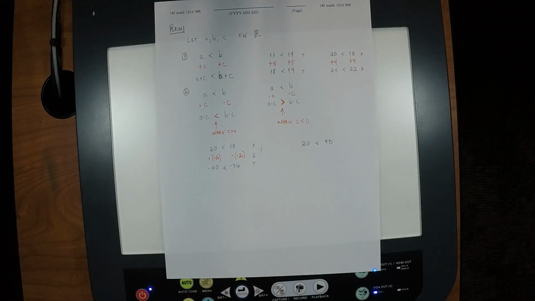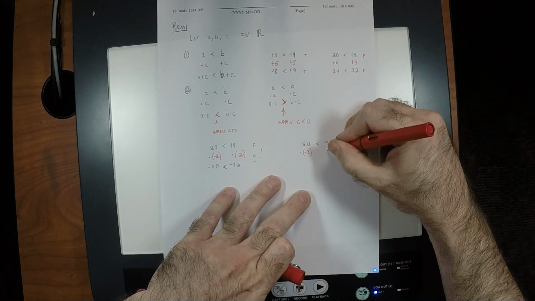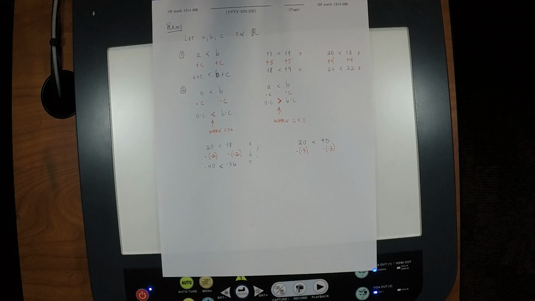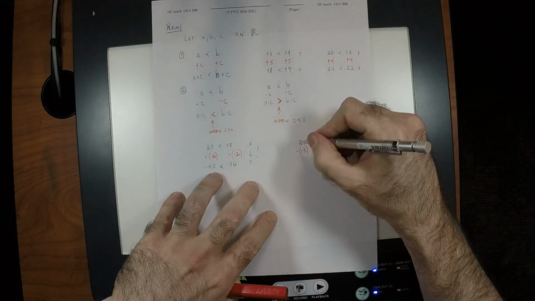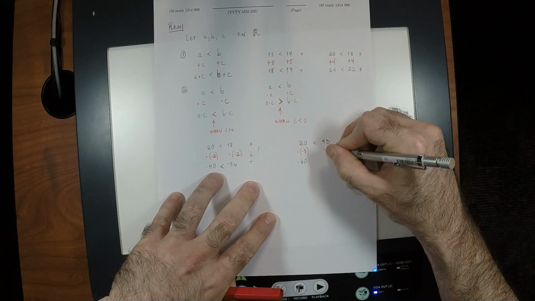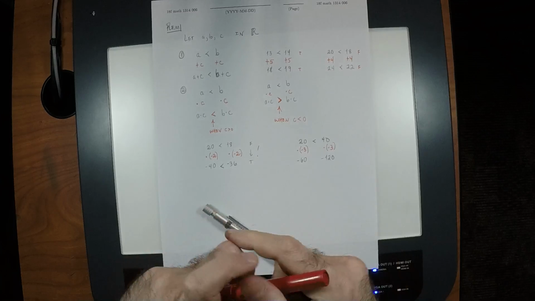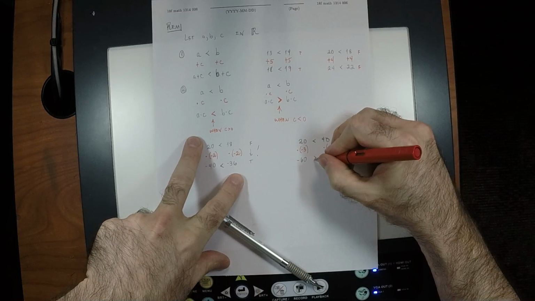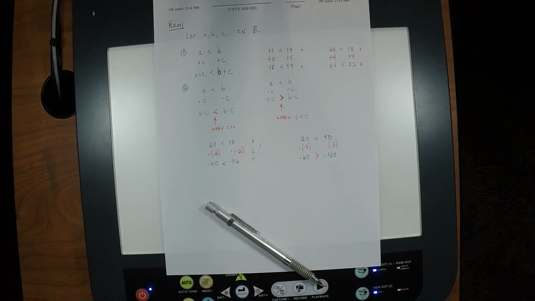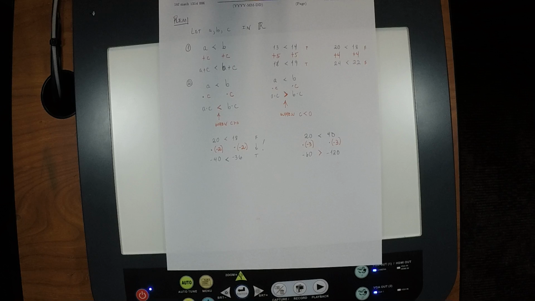And if we multiply both sides by -3, and if we want the truth to be preserved, then this will be -60 and this will be -120, and then the direction of the inequality must reverse. So is that true? It is, right? Good. So any questions about inequalities?